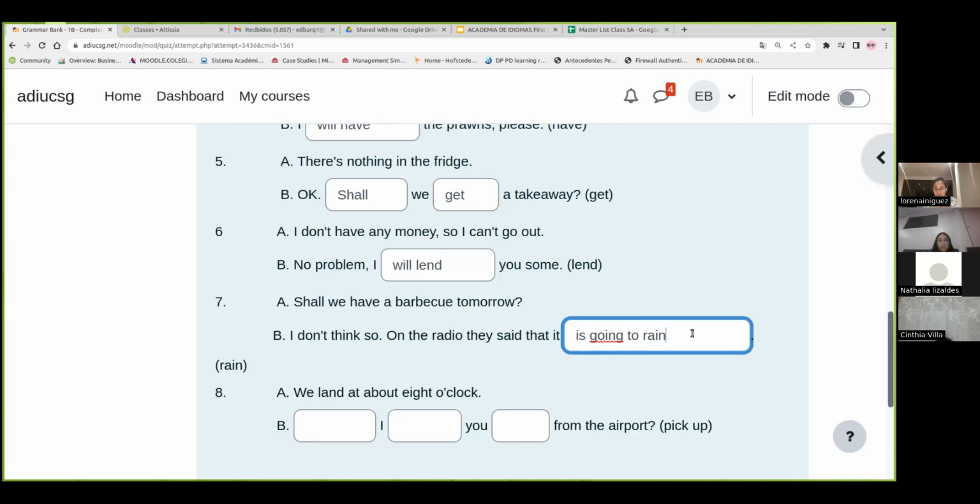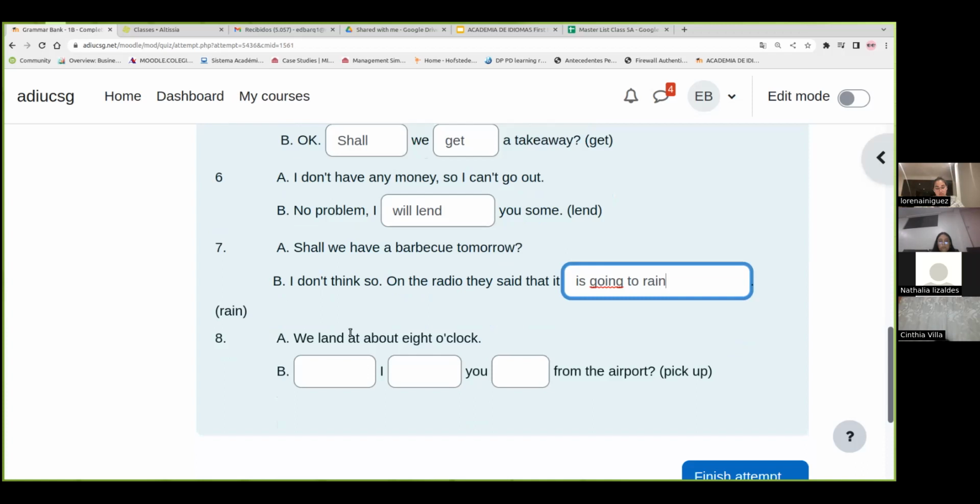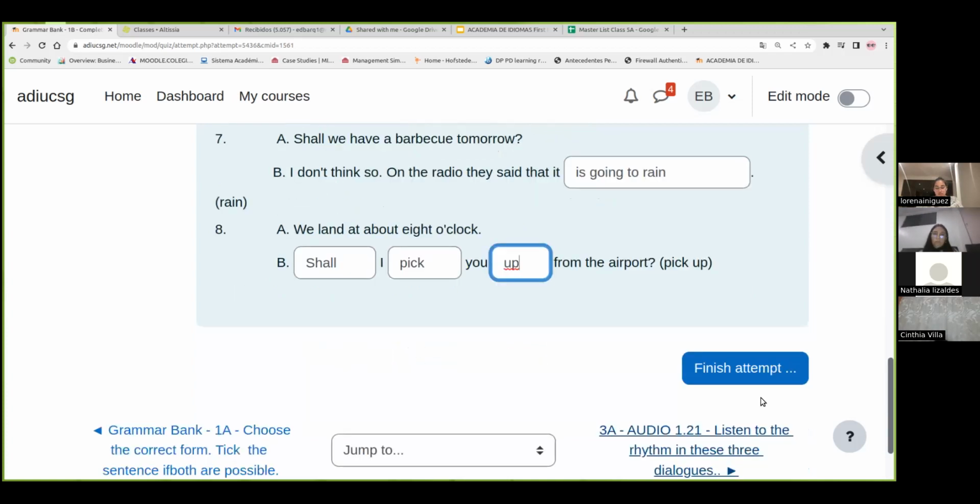Well, the thing is that tomorrow is a specific time. So maybe it could be both. What do you think? It's going to rain. All right, let's keep this answer and then we check, all right? Number 8, we land at about 8 o'clock. I already gave you this answer before. Should I pick you up from the airport?